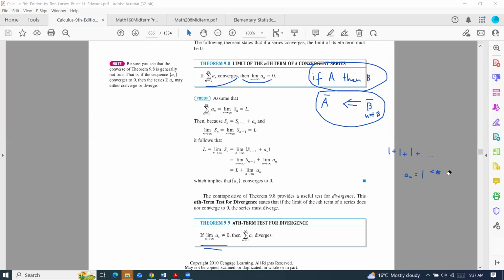We need to make sure that our terms are not just less than 1, but also approach 0, right? So is this approaching 0? No, it is approaching 1, because it's 1, right? So it is not approaching 0.